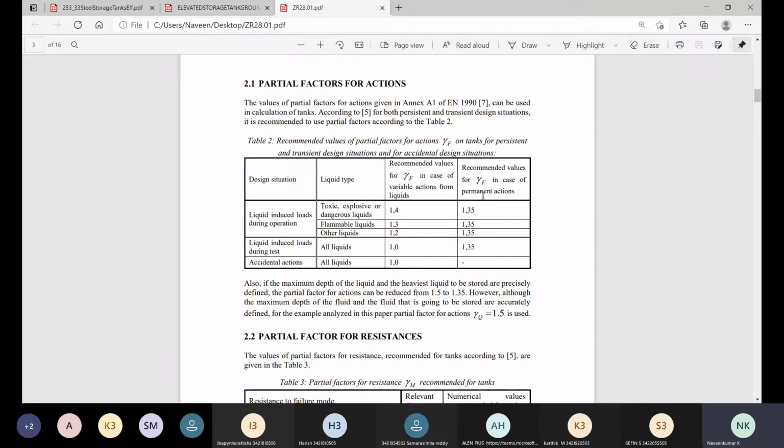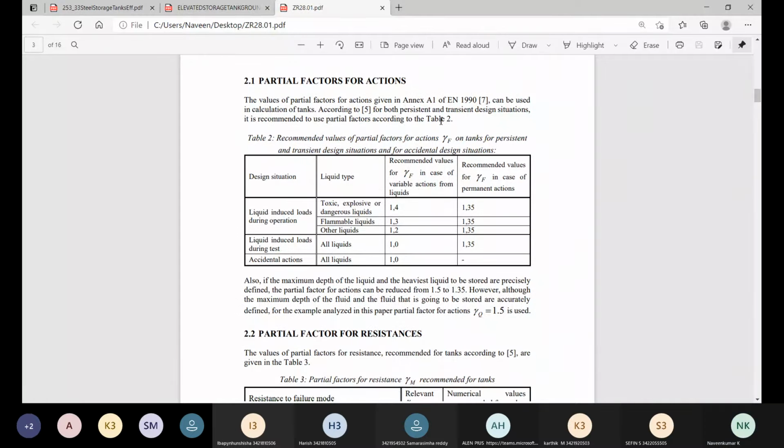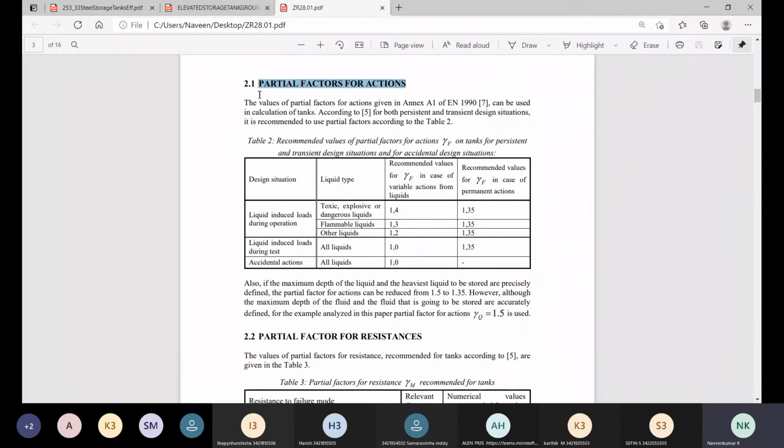So if the load exceeds your assumption, then failure will happen. For that purpose you choose some partial factors. Considering the two, they choose the partial factors based upon the action, and also based upon the resistance. So they decide the partial safety factor.